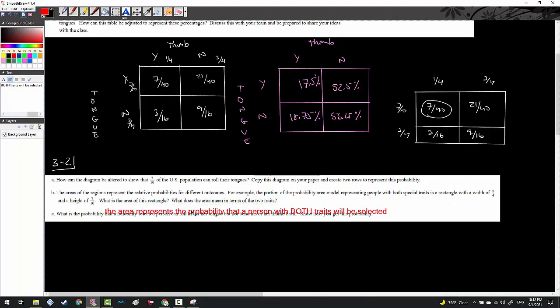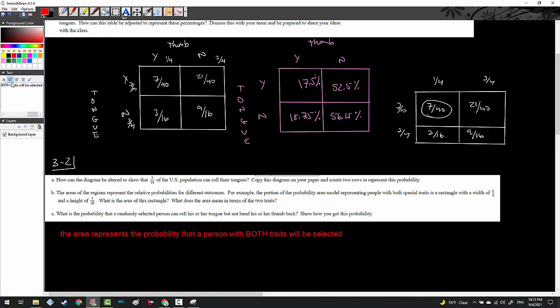Right? That's what that's trying to say, and I'll move that right here. Barely enough space. Okay, so actually I'll just move it down here, and I'll just put a B in front of it. That way you guys know which one I'm talking about here. There you go. The area represents the probability that a person with both traits will be selected at random.